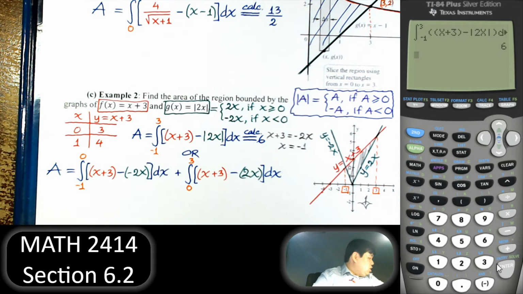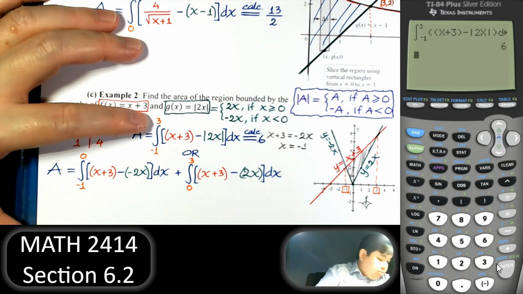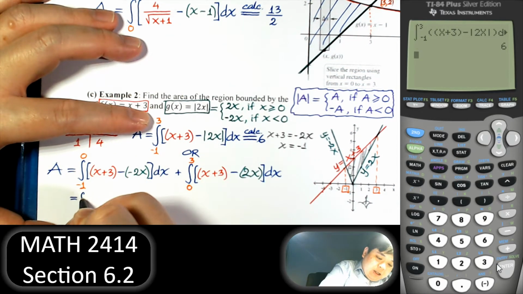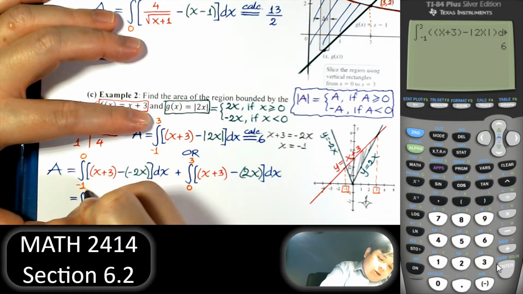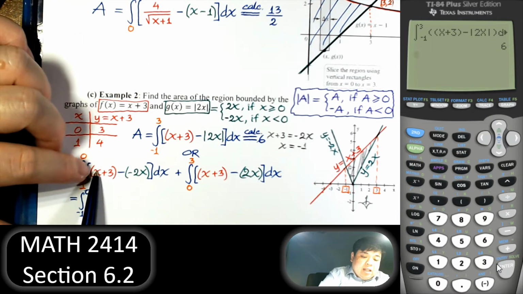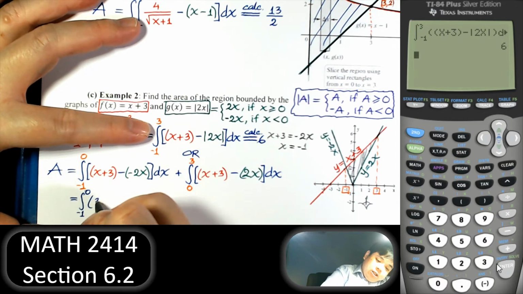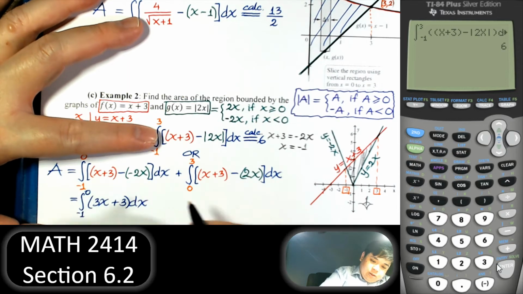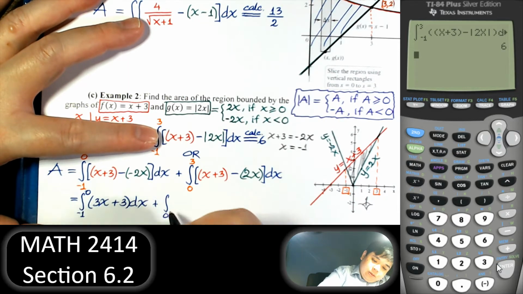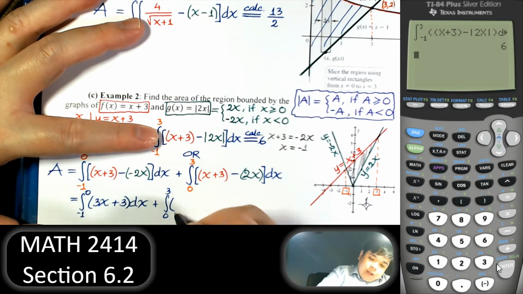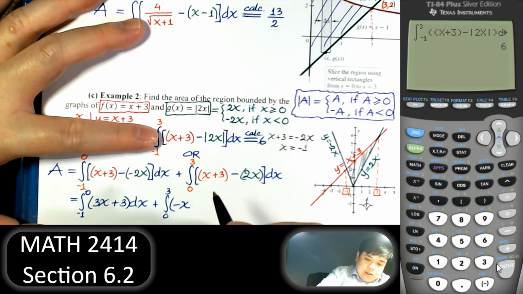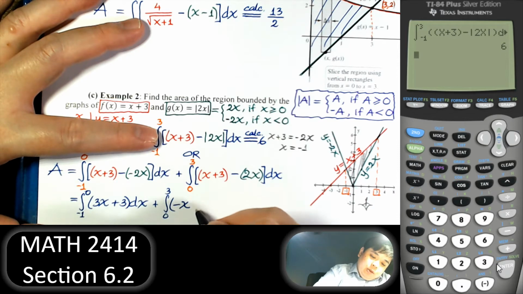Since this one is simple enough, I'm just going to do this. So -1 to 0, x plus 3 minus -2x, so that is 3x plus 3. And then x plus 3 minus 2x is minus x plus 3.